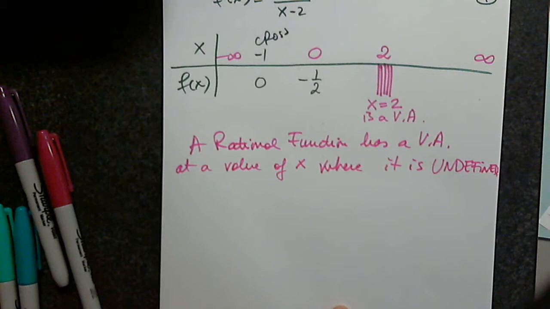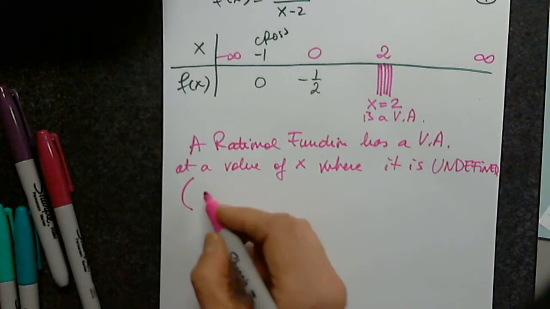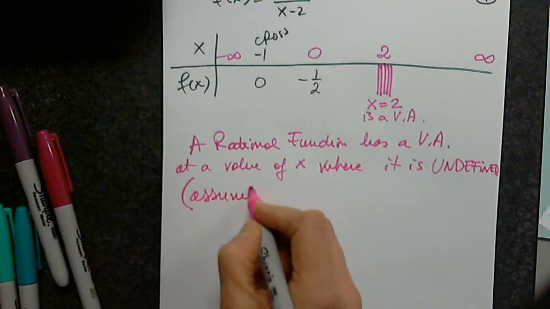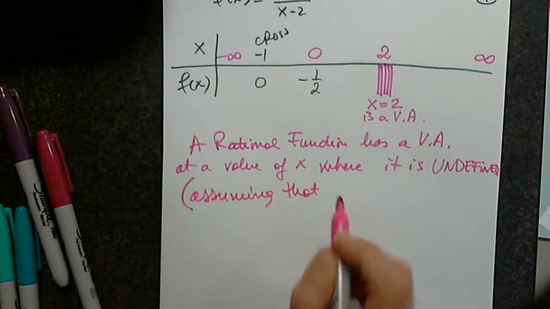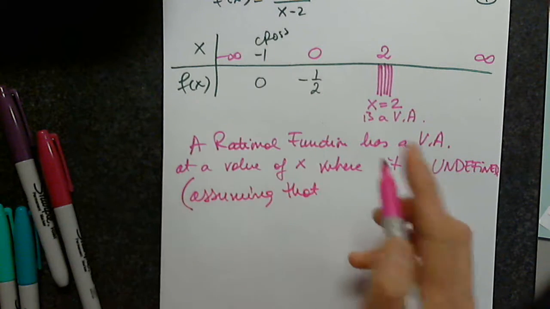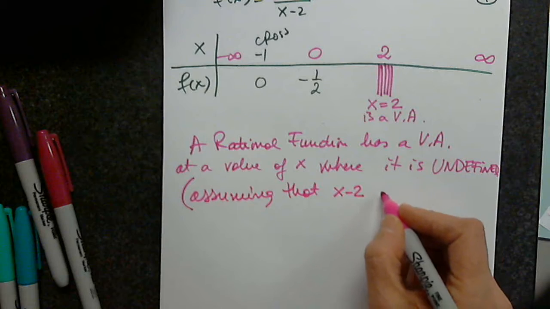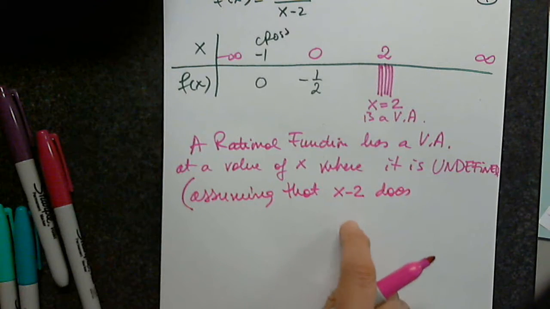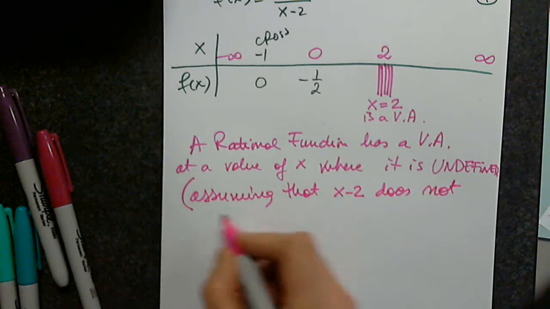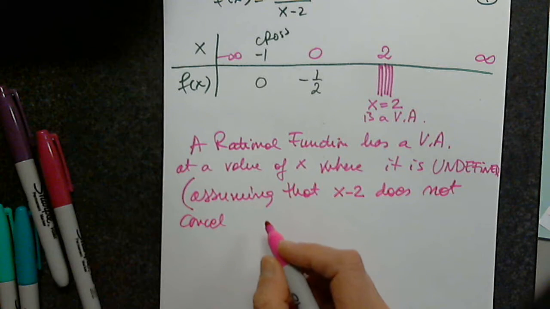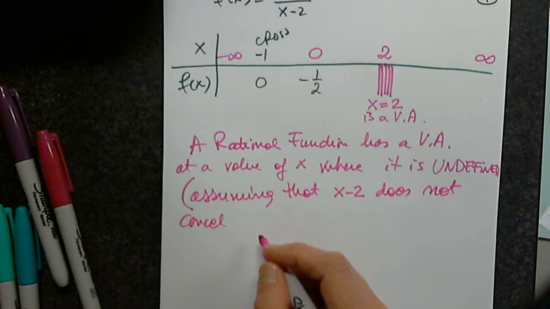To be exact, I have to write something in parentheses. I'll show you an example. In parentheses, I have to write, assuming that in our case, x minus 2 as a factor does not cancel with an x minus 2 from the top.